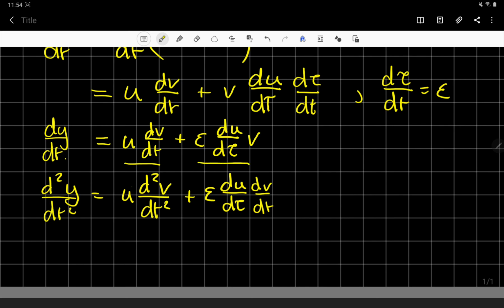Then differentiate the second term. So plus epsilon du/d tau. Leave this term alone. Let's tidy that up. d tau, and now dv/dt.